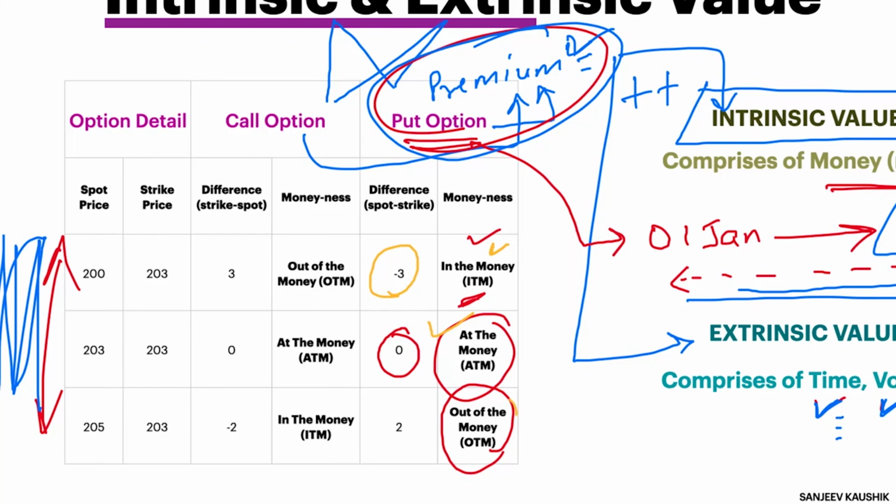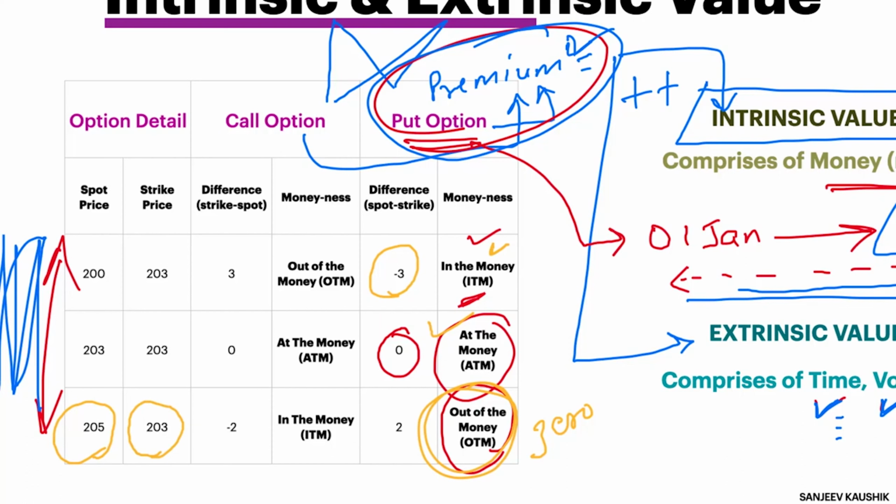And even for the out of the money option, its intrinsic value would be 0. Because the current price of this stock is $205, but if the buyer of this put option wants to exercise, he would only get $203 for his option, selling this underlying.